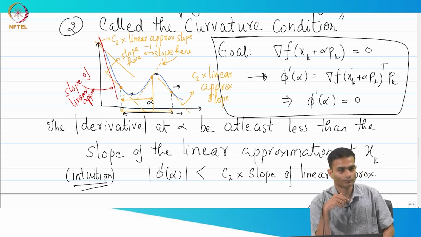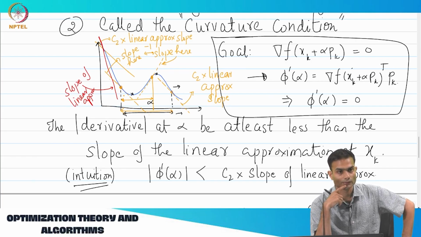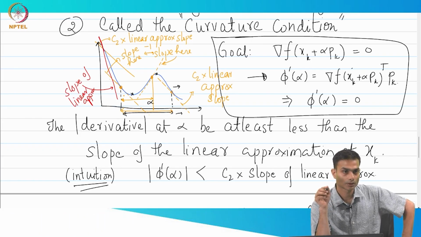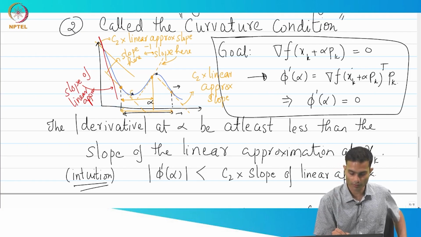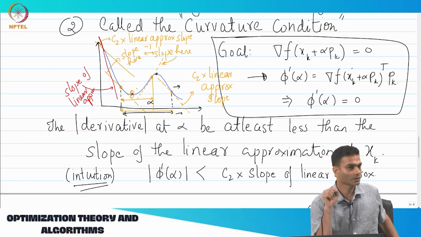Question? We will have some region around the maxima as well. Not necessarily, no. At the maxima, what is happening? Phi dash is actually 0. So, okay, let us start from the point of minima. At the point of minima, phi dash alpha is 0.